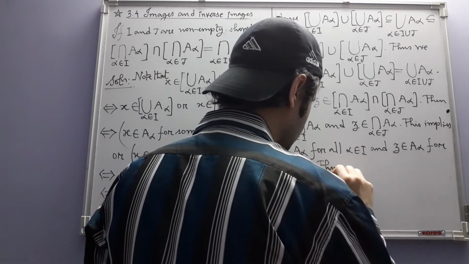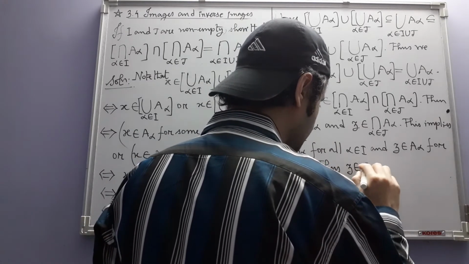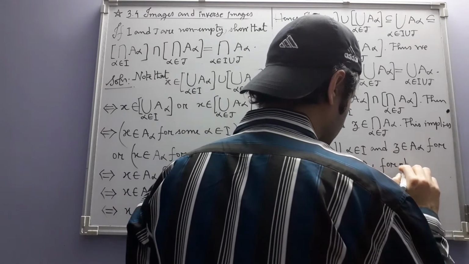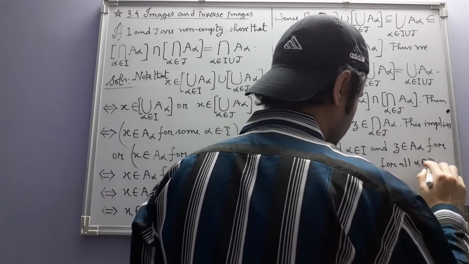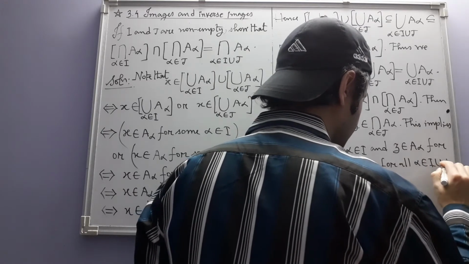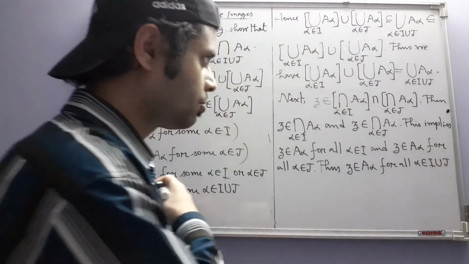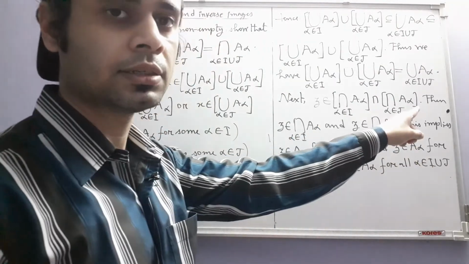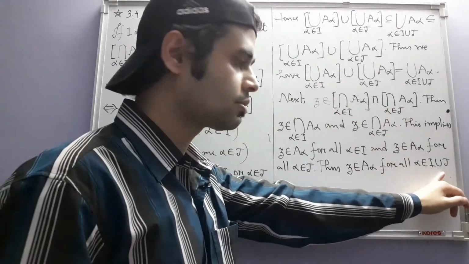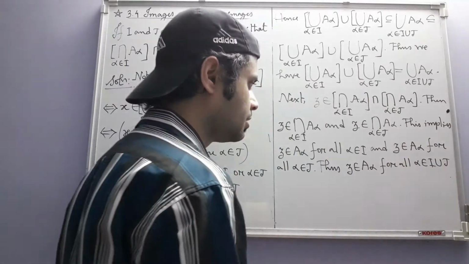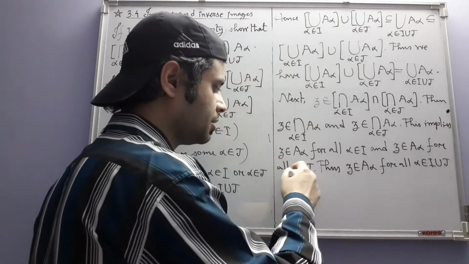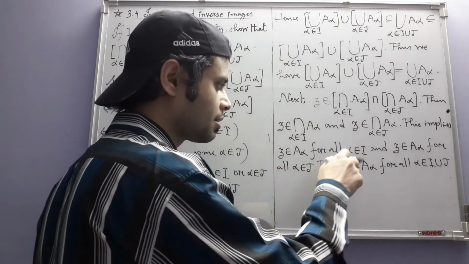Thus, z belongs to A alpha for all alpha belonging to not just I but J. That's why we have a union here. Don't make the mistake of writing intersection, because you see so many intersections. That does not mean this also has to be an intersection. This is the union, because for all levels in I, something is happening. Also for all levels in J, something is happening.